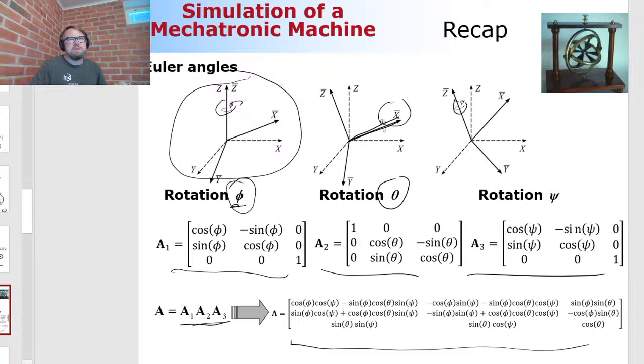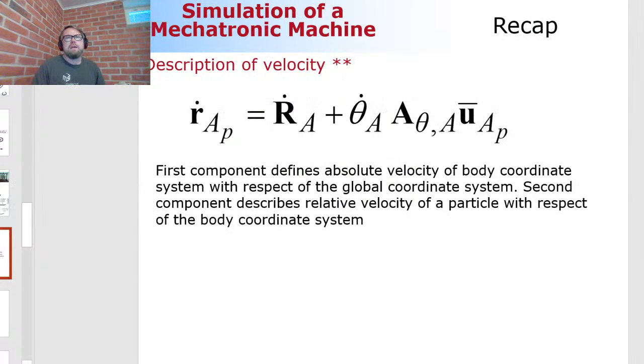I'm not sure if there's any really difficult question related to this. I might ask a little bit of conceptual questions related to these Euler angles. Okay, description of velocity, 2 stars. So it's getting to be less significant. Description of velocity is quite straightforward because you get it by differentiating the position equation, this one that we are very much familiar with, once with respect to time.